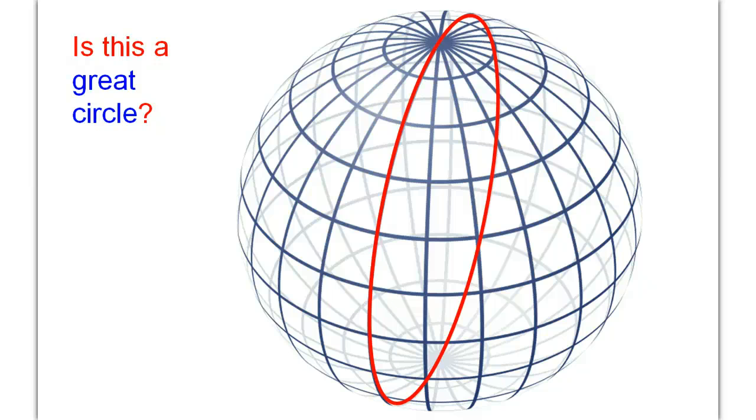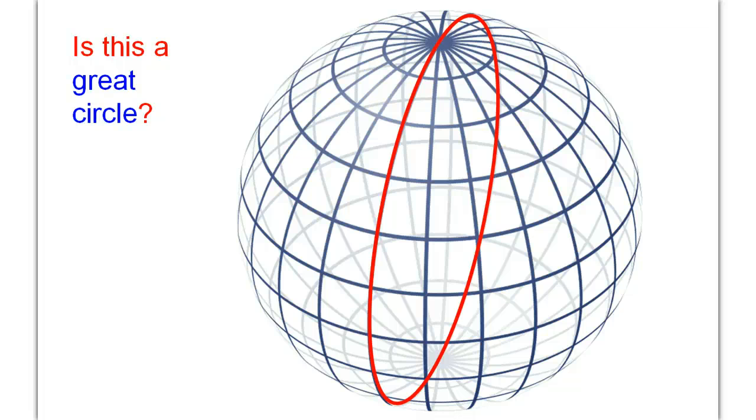From geography, are you familiar with the terms longitude and latitude? Raise your hand if you've heard longitude and latitude before. Okay, good. Which circles are always great circles? Latitude circles or longitude circles? It's the longitude.